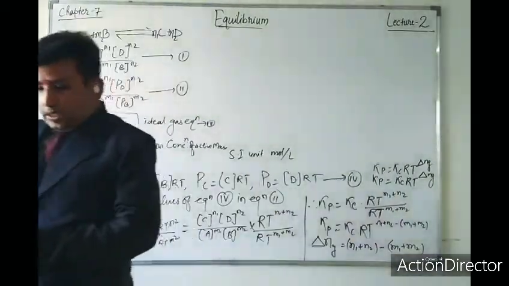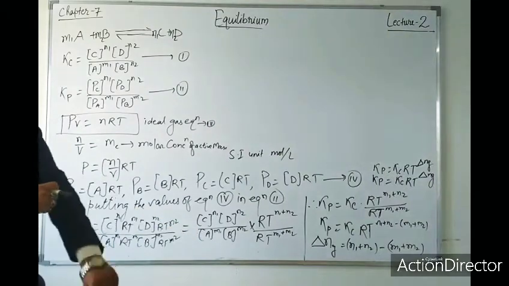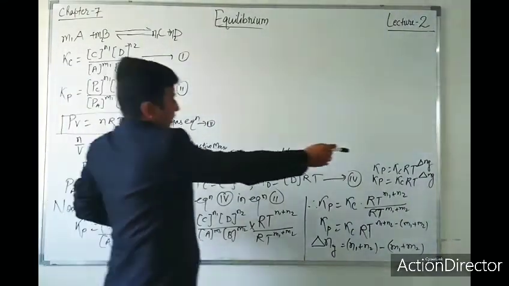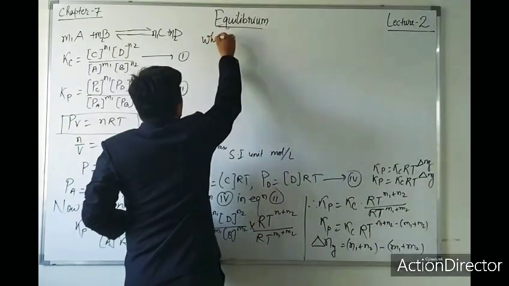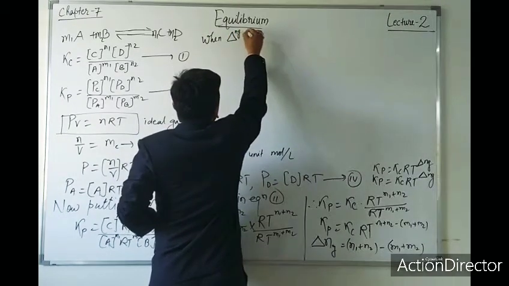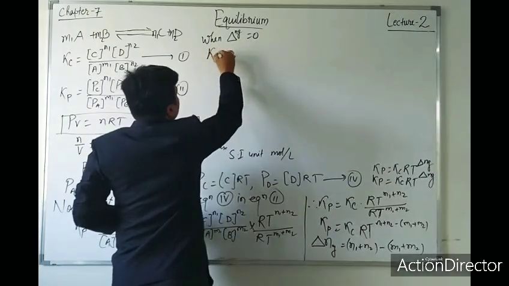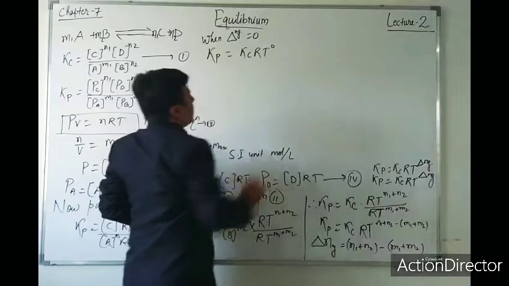Just suppose that when the delta Ng is 0, there are many cases which arise. What will be the value of this delta Ng? So here, when delta Ng is equal to 0, what will happen? Then Kp is equal to Kc RT to the power 0.